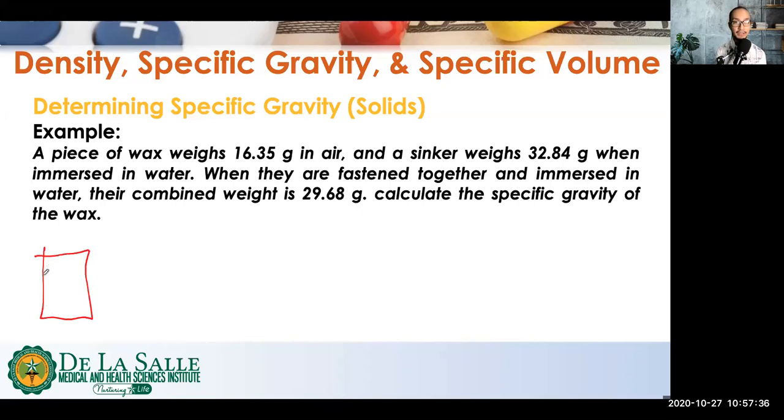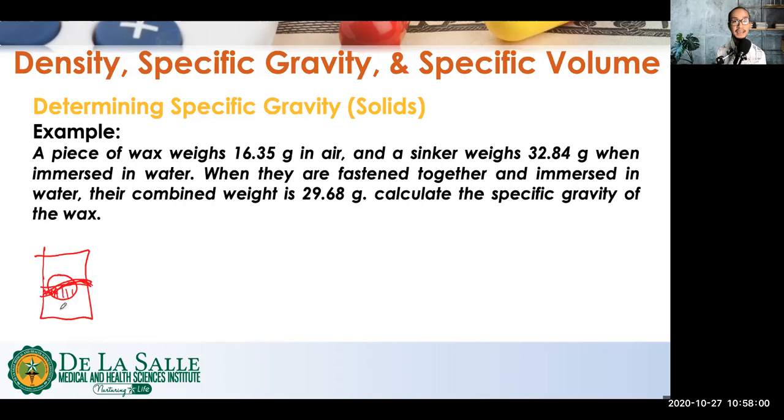But if it is not completely immersed, for example, an object that is lighter than the immersing liquid, the displaced liquid will have the same volume only of the part of the object that is immersed in it.